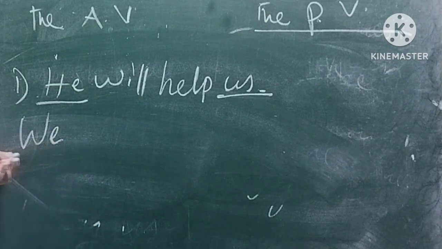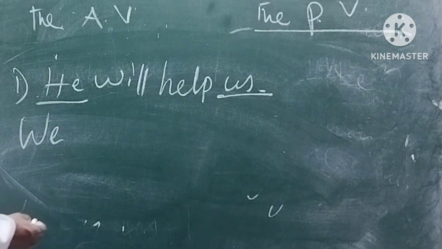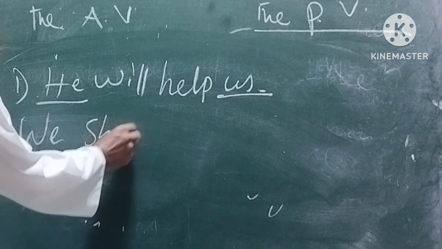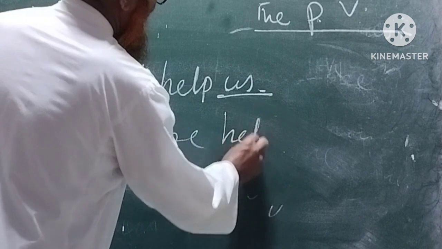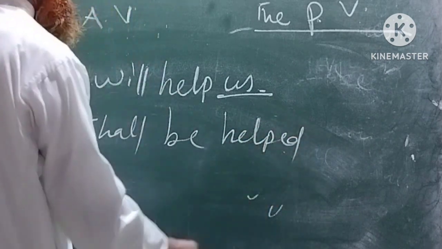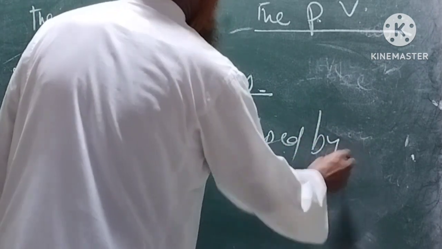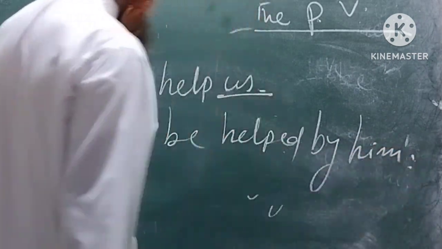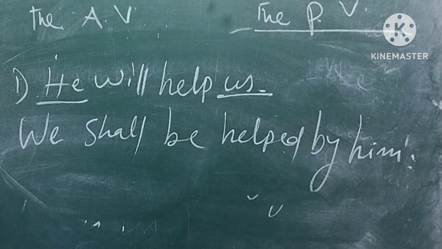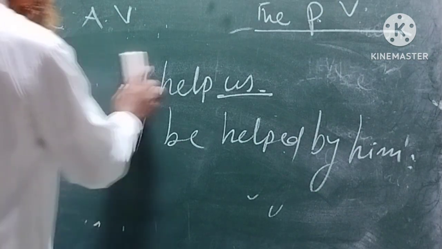Now the subject is first person, that is why shall will come. We shall be helped by him. This is the passive form of the sentence.